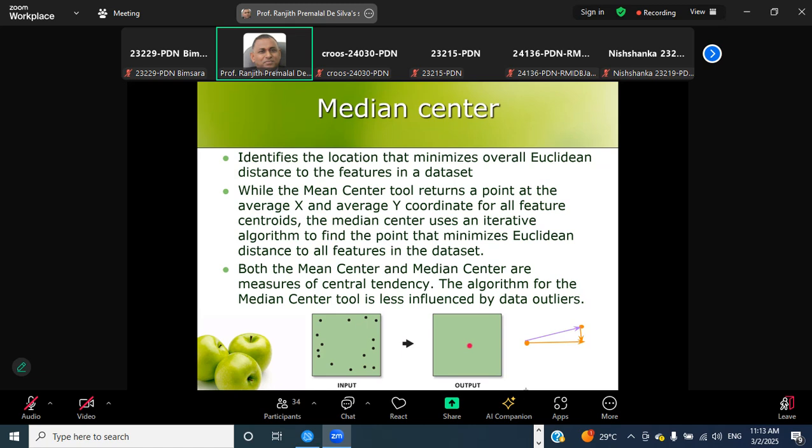So the calculation of that is not very straightforward, because it is an iterative algorithm to calculate the minimum Euclidean distance. And unlike the mean center, the median center is less influenced by extreme values.